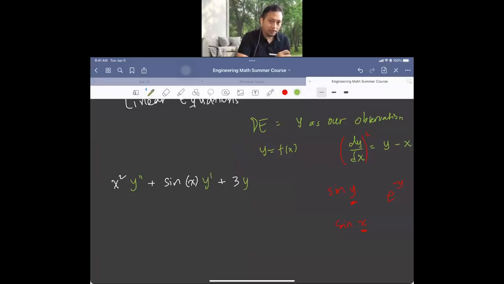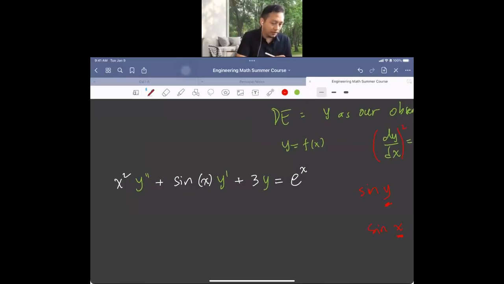Plus 3 and then y, and then e to the x. Okay. To distinguish linear and non-linear, you just need to group the y, only y. This is still what we call linear. Although you see that we have e, we have sine, it's just for x. It's not happening in y.